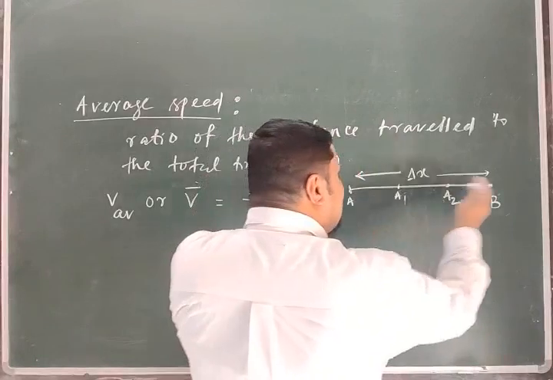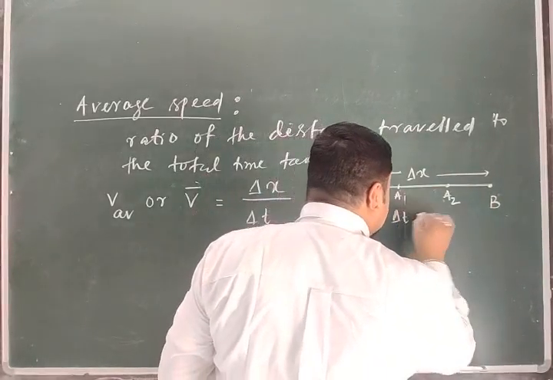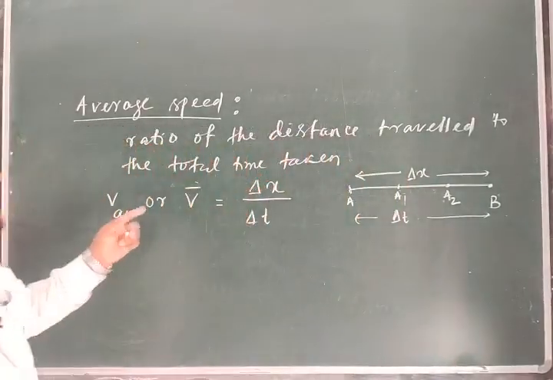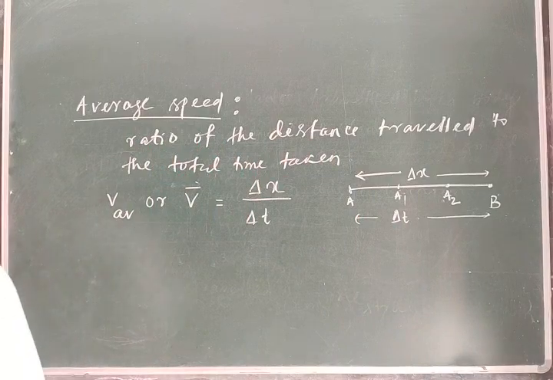But the total distance is delta x and the total time interval is delta t. Then the average speed is equal to delta x by delta t.